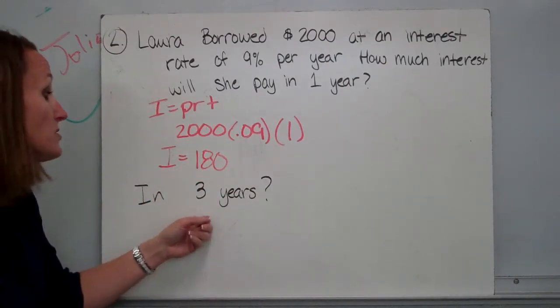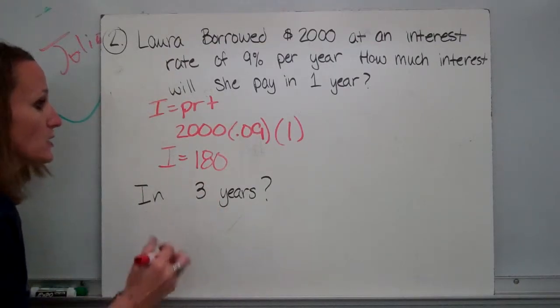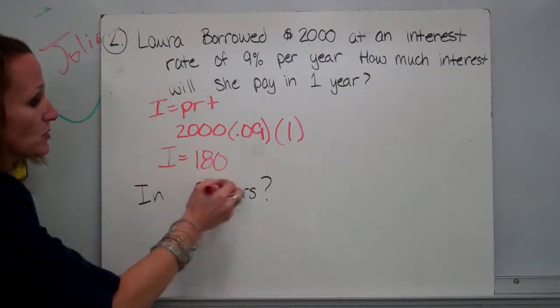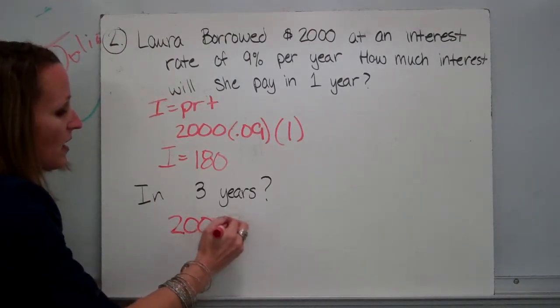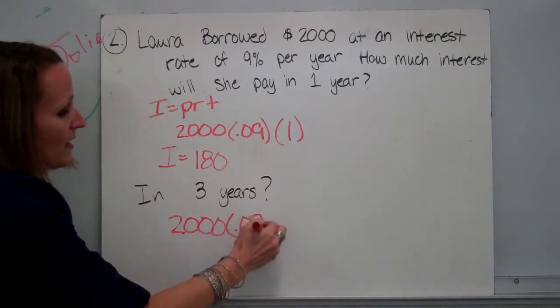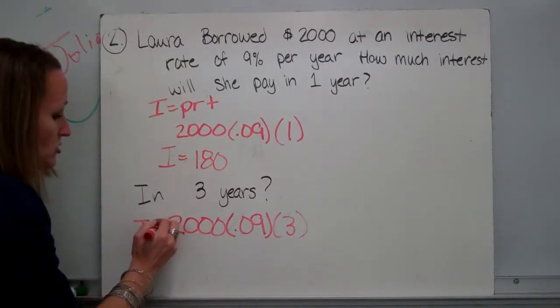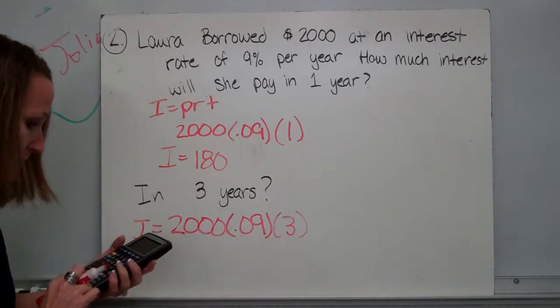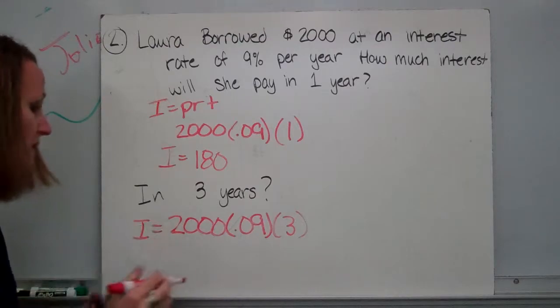So what if she borrowed this money and she's going to pay it back in 3 years? If for 1 year it was 180, you can probably do this math in your head, but just for the sake of writing it out and dealing with the formula, we would find our interest this way. This time we would put in 2,000 times 0.09 times 3.